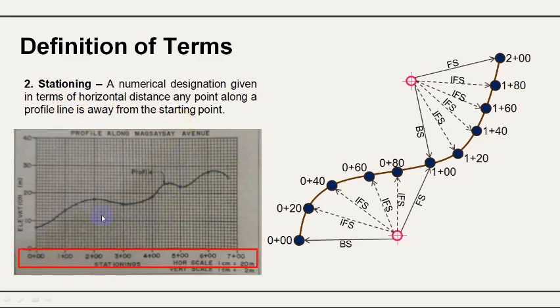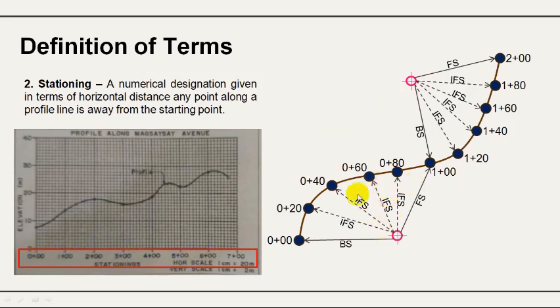Notice in our graph, the x-axis is named stationing. 0 plus 00 means 0 meters, our starting point. Then 1 plus 00 means 100 meters from the starting point. 2 plus 00 is 200 meters from the starting point. If it is 300 meters, it can be written as 3 plus 00, and so on and so forth.